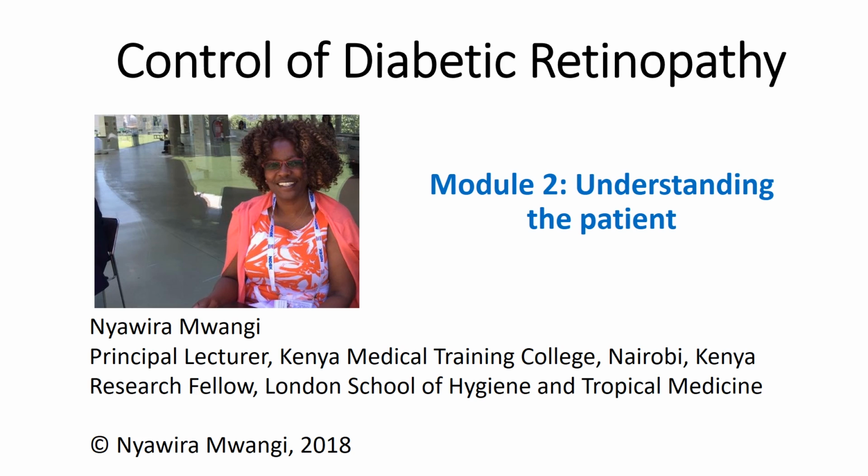Where is this patient? What services do they need? What difficulty do they have in accessing the service? And how can we address these difficulties or barriers in our context? We will explore these issues in this module.